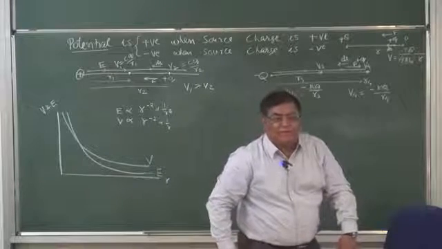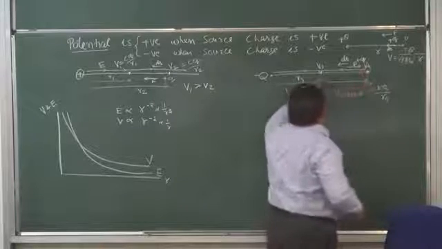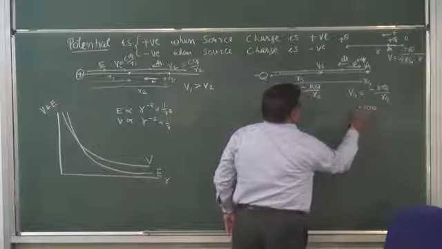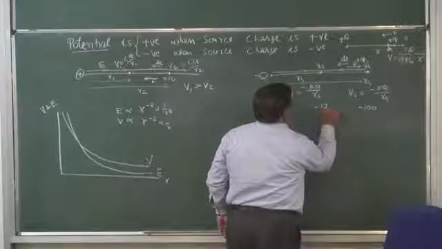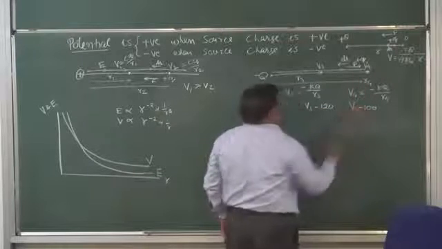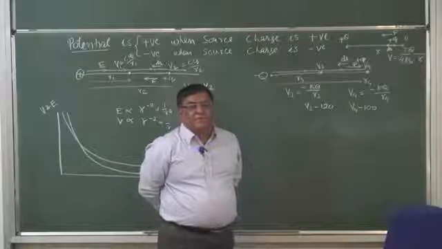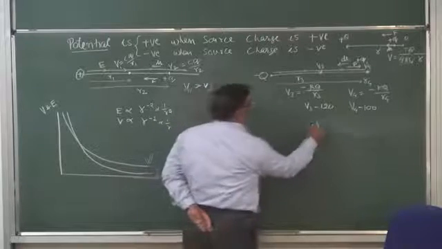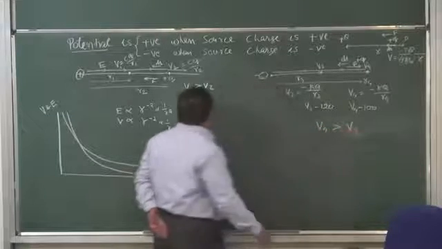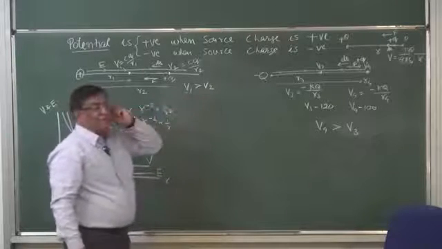Therefore, the sign of potential is also negative. And here the work done is 100, here it is 120. But what is the sign? Which is the larger voltage? Very good. So we have a result: V4 is larger than V3. Here V1 is larger than V2.